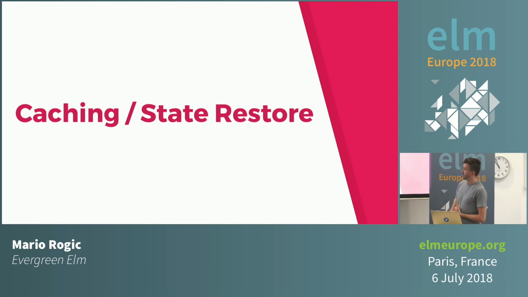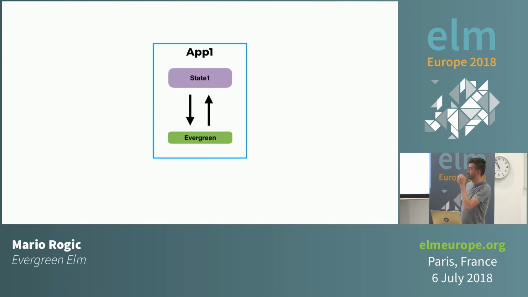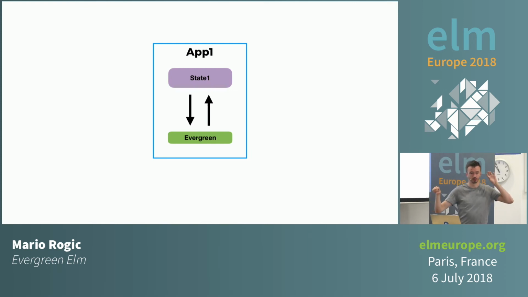Another thing is caching and state restore to some extent. So if we consider the fact that we were able to go into the box and send state 1 to another application, in the same way we can send state 1 back to ourselves.